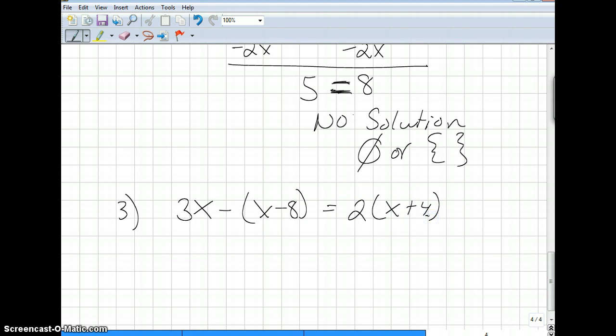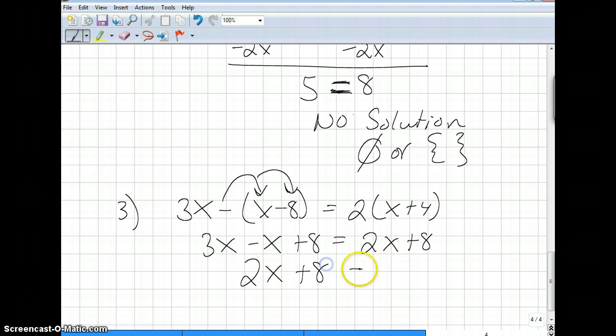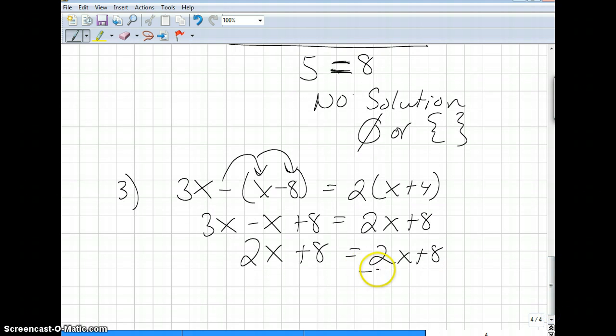Okay, so I progress just like I did before. So it's going to be 3x minus x plus 8 equals 2x plus 8. This is going to be 2x plus 8 equals 2x plus 8. Subtract 2x from both sides.